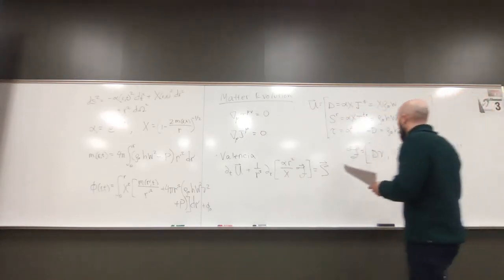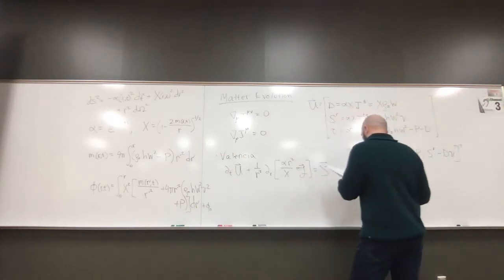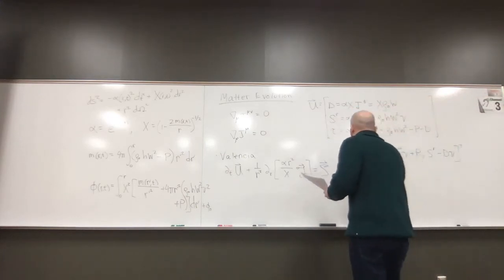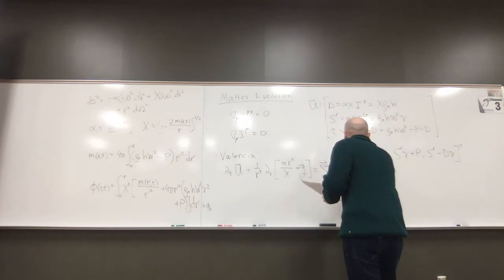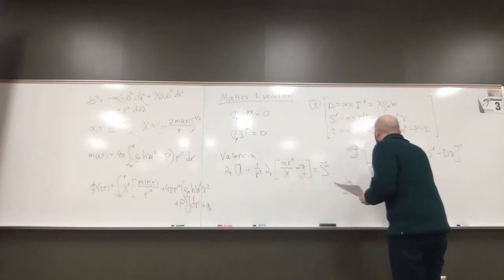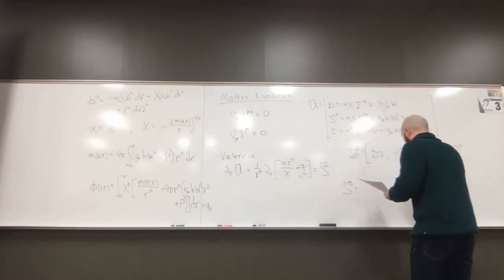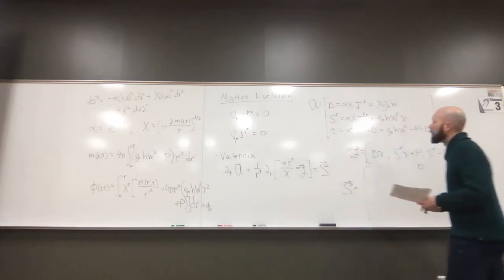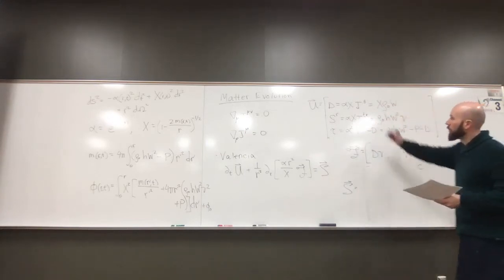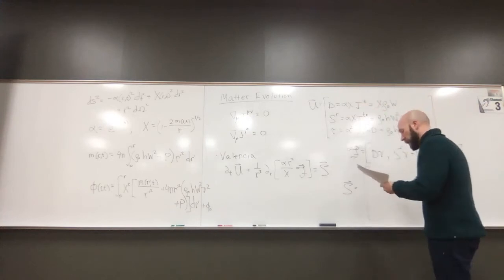Okay? And then our source terms, source vector is going to be equal to, let's see, first one, 0. For the mass equation, there's nothing.